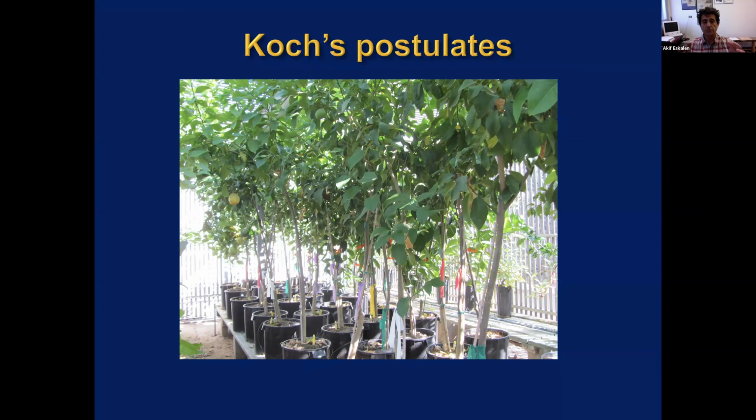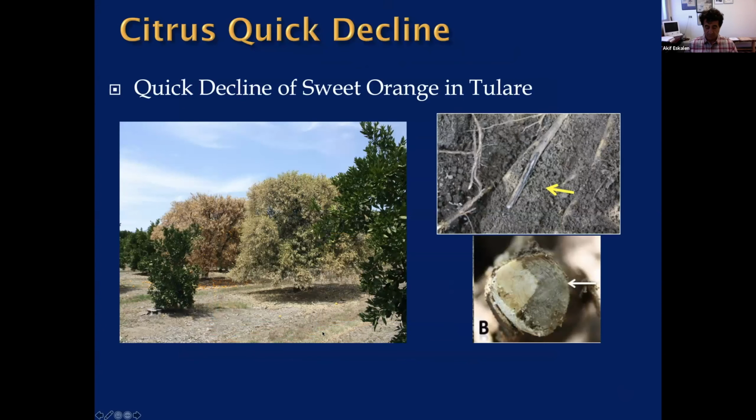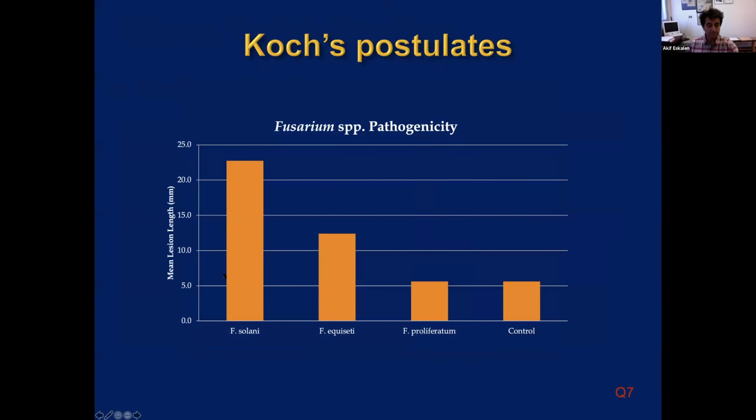We wanted to complete Koch's postulates in healthy plants with the Fusarium isolates that we isolated. So we found healthy looking plants and inoculated them, and these are the results from the pathogenicity test. The Fusarium solani that we isolated was the most aggressive one.